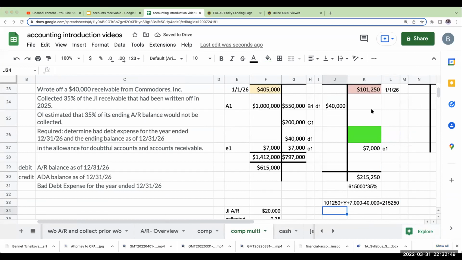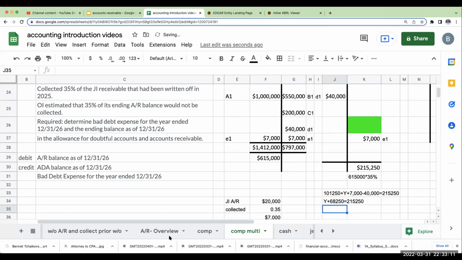Okay, 101,250 plus 7,000 minus 40,000 is 68,250. So Y plus 68,250 equals 215,250. Okay, so if I take 215,250 minus 68,250, I'm going to get 147,000.